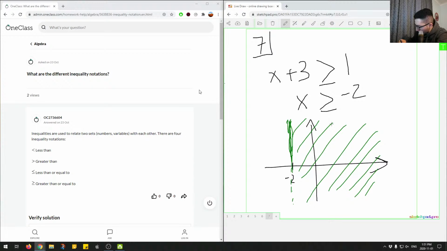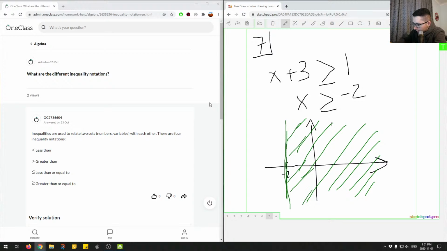There would not be a dotted line, it would just be a straight line. Here, I'll redraw it quickly. We have negative 2, and a straight line through negative 2, and it's this area over here that's represented by that equation.